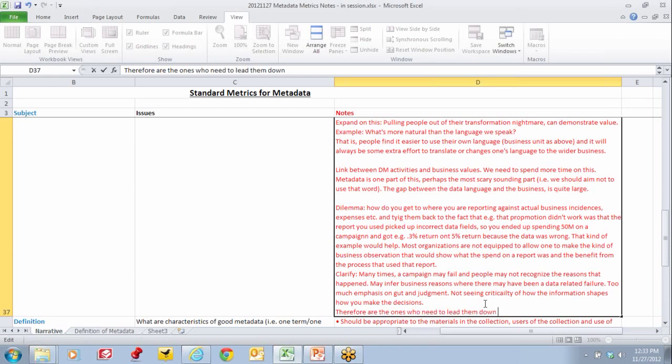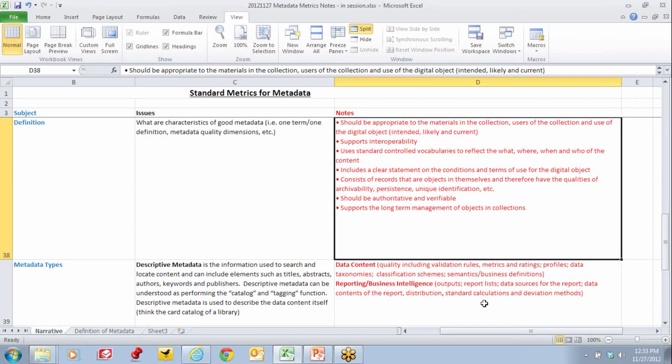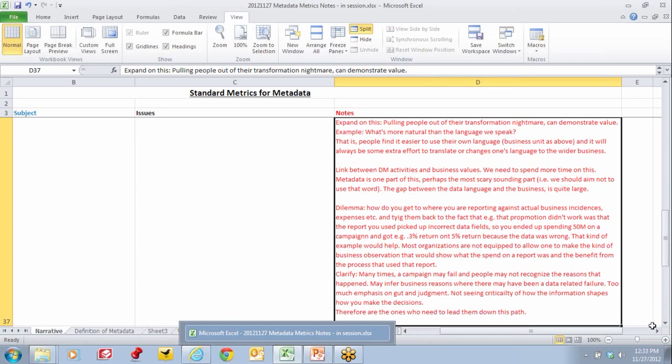Well, what do you mean by equipped? Jim, hang on 1 second. Are we not capable, or we don't, or we're not allowed? What do you mean not equipped? We don't know how to do it?